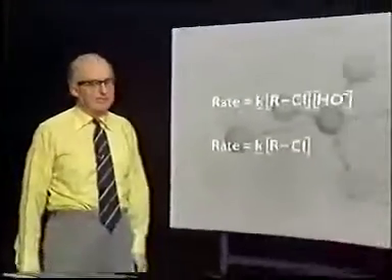Having monitored the actual rate of the reaction in that kind of way, we find out what exactly is the mathematical relationship between that rate and the concentrations of the starting materials. And that relationship we call the rate equation. There are a couple of examples of them on the board here.